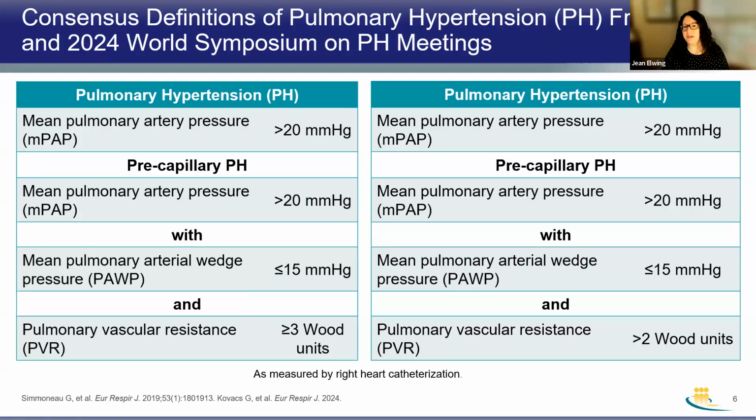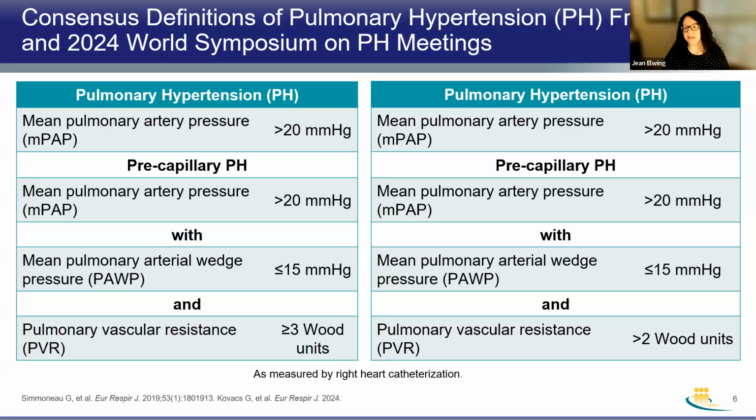And when we talk about definitions of pulmonary hypertension, it can be confusing because it seems to be somewhat of a moving target. So I'm going to try to bring you up to speed on this. In the 2018 World Consensus from the World Symposium on Pulmonary Hypertension, the definition was a mean pressure of greater than 20 for all patients with pulmonary hypertension, and we've maintained that criteria.